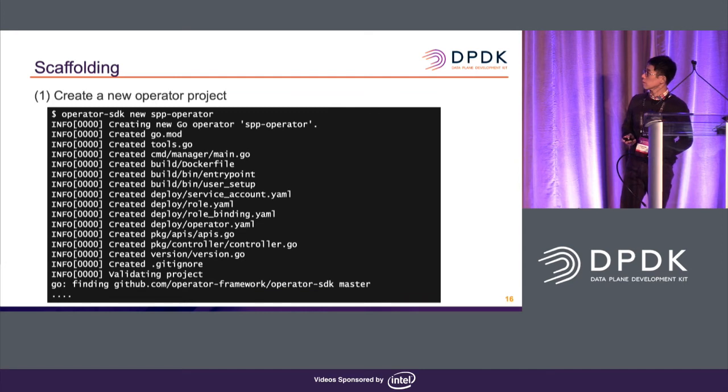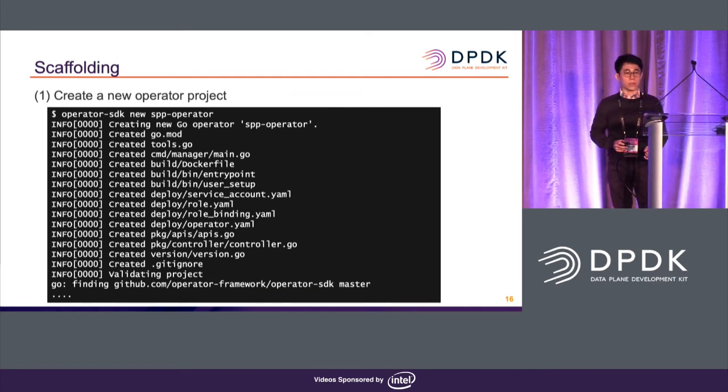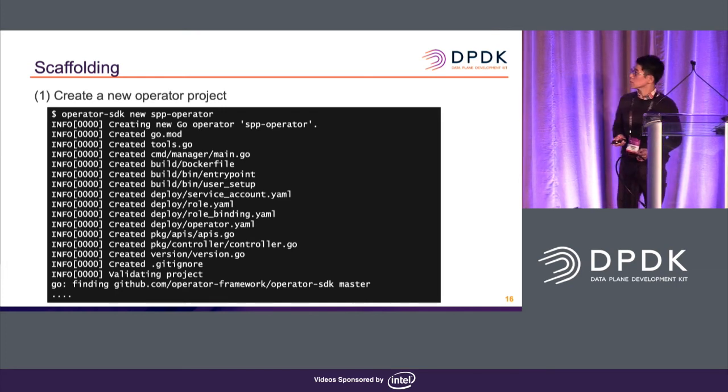So here is an example of the first step, creating a new project with Operator SDK. By running the Operator SDK new command, it starts to generate several files as scaffolding. It means that by this command, templates are generated automatically.